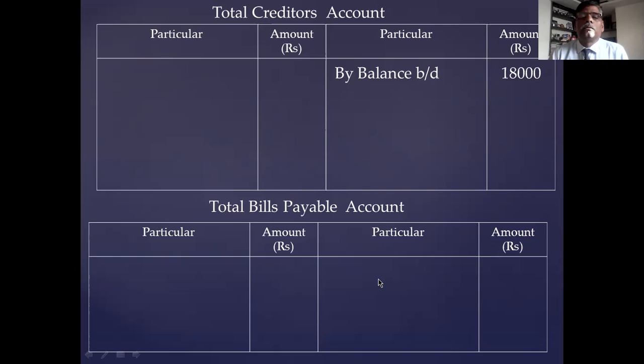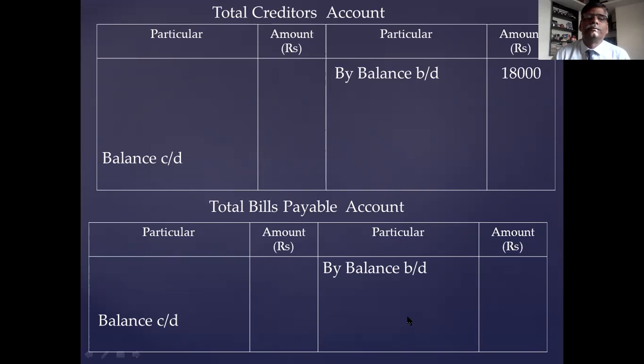By balance brought down 18,000 from the statement of affairs. Then you write the closing balance; closing balance I will take afterwards. In the bills payable, by balance brought down, to balance carried down. The balance brought down amount from the statement of affairs is 1,800. It is on the liability side.